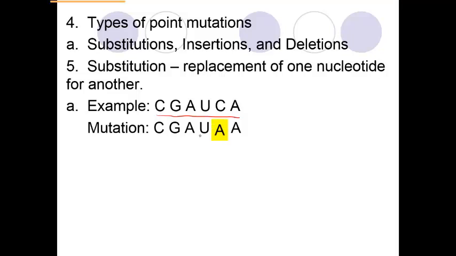So notice all the letters are the same except for this one, and all we've done is we've substituted, instead of a C being here, it's an A. So when it was going through transcription and it was making the messenger RNA copy, instead of the G going to a C like it should have, the original G from your DNA paired with an A, which shouldn't happen, and that's why this is called a mutation.